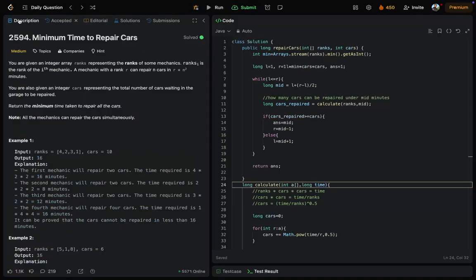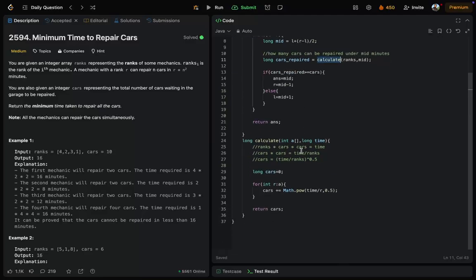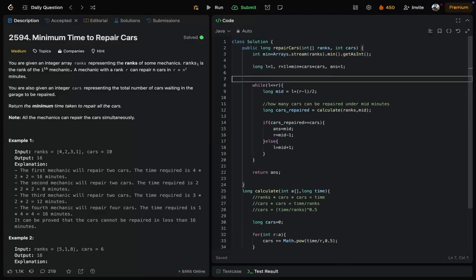Yes, working fine. Let's discuss about the time and space complexity. So while loop is for binary search, and it will be the minimum multiply cars. So this is the upper bound for this, and inside this we have calculate function which is order of n, and this is the log of the upper bound.